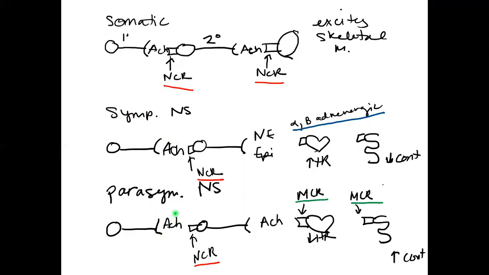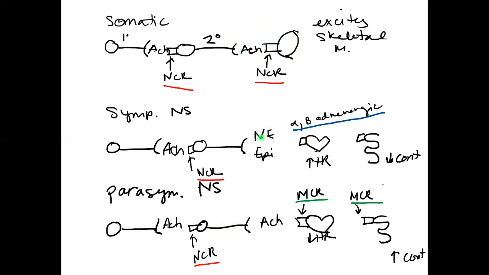So when we're talking about nerve to nerve communication, it's going to be acetylcholine binding to nicotinic cholinergic receptors and exciting that second nerve. That's not going to magically change on you. Where is it different then? It's different if you look at the top where the second nerve synapses with the organ. So for somatic nervous system, it's acetylcholine binding to nicotinic cholinergic receptors, again, to excite skeletal muscle.